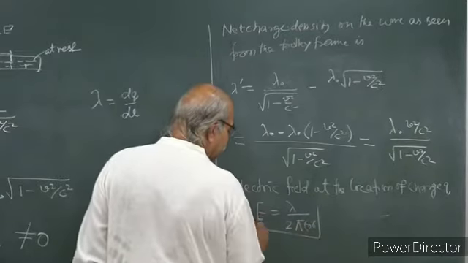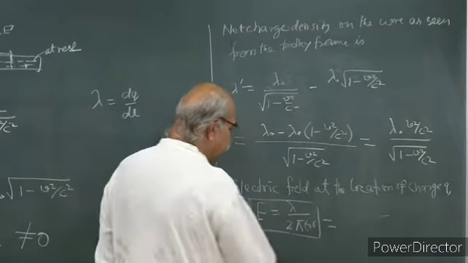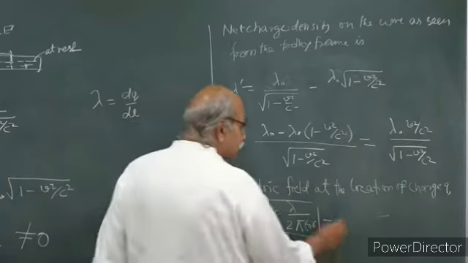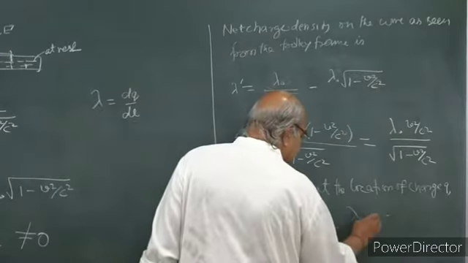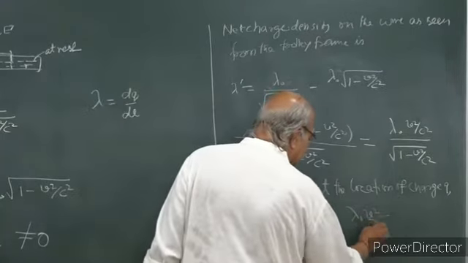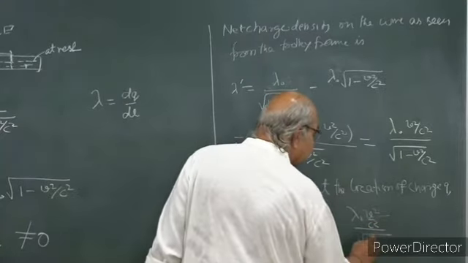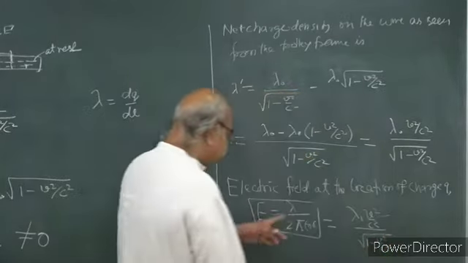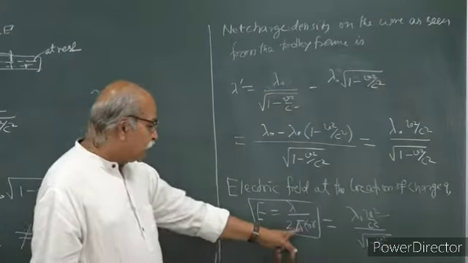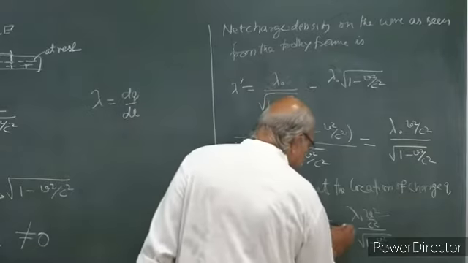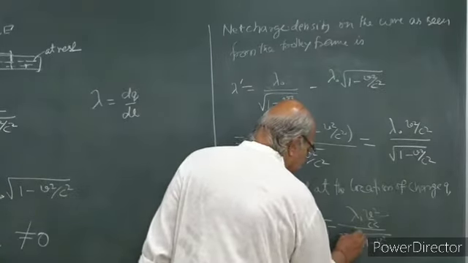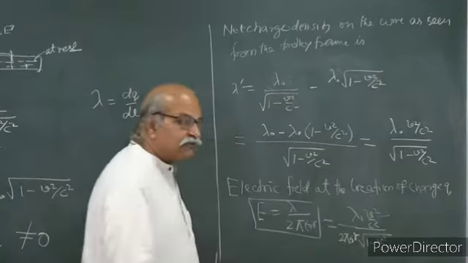This is the general formula, and here we will put the linear charge density which we have obtained here. So, it is lambda naught v square by c square divided by 1 minus v square by c square, for lambda, and then 2 pi epsilon naught r here. So, that is the electric field.